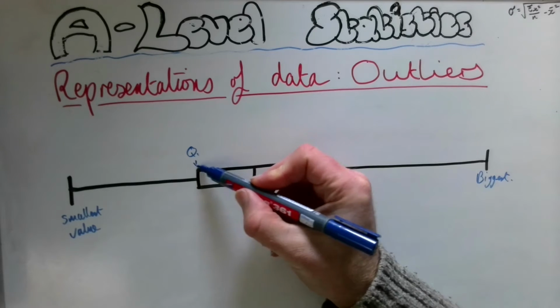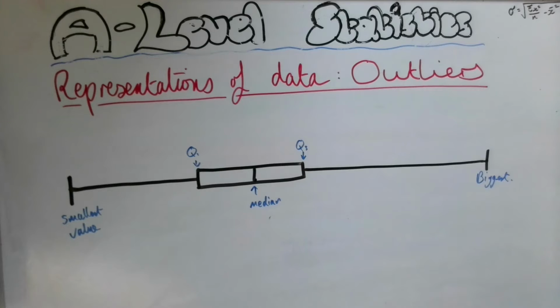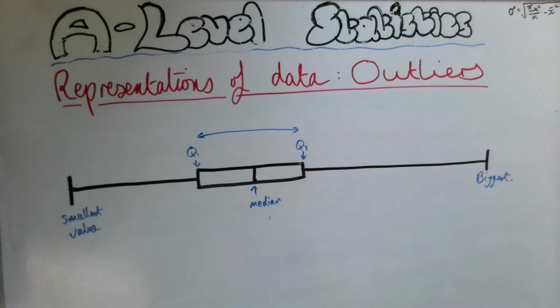Q1 comes there, Q3, the upper quartile, goes there, and in between here, in the interquartile area, that is our most typical half. That's often the data we're most interested in. That's like the range of what could be considered the average, I suppose you could think of it as.